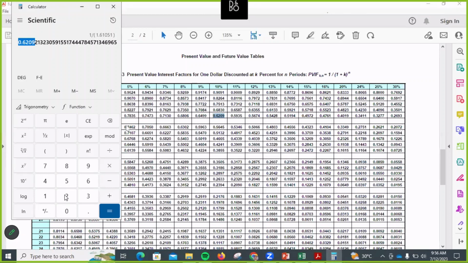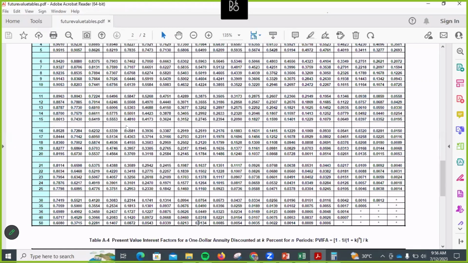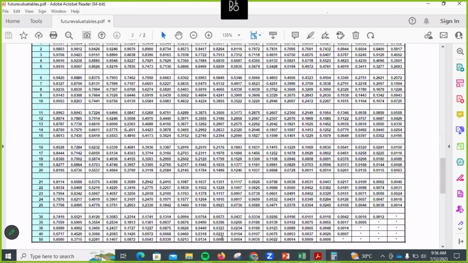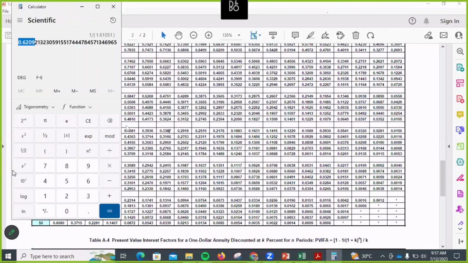So up to 50 years is given in the table. So you can use it for, say, 55. How much is it for 55 years? So what you can do is take 1.05 to the power 55, you can get it.